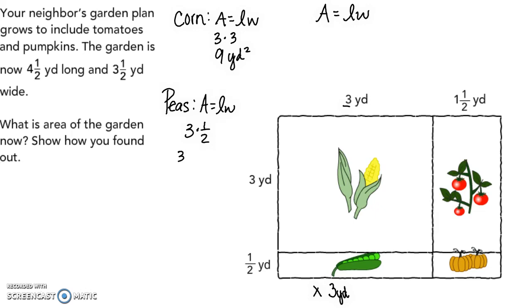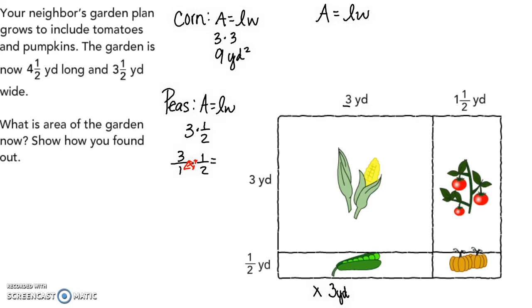So you should have 3 over 1 times 1/2. Then if you look crossways to see if you can simplify before you multiply, your 1s are already as small as they can be, and your 2 and your 3 are already as small as they can be, so there's nothing you can do to simplify.